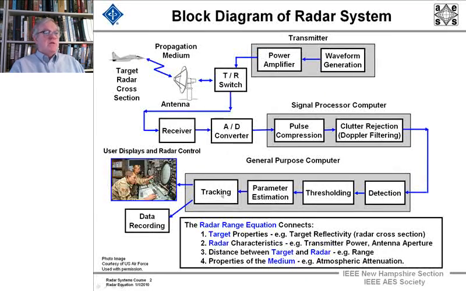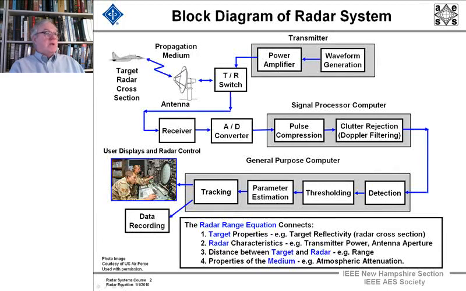It basically connects the target properties, the reflectivity in radar cross-section, the radar characteristics themselves, like the transmitter power, the size of the antenna, the distance between the target and the radar, the range, and the properties of the medium that will affect that performance, like the atmospheric attenuation. And here we see a bunch of different blocks. And the way we're going to teach the course is to go through these blocks sequentially, some one at a time, some two at a time.